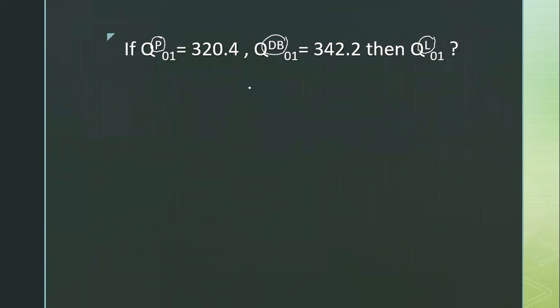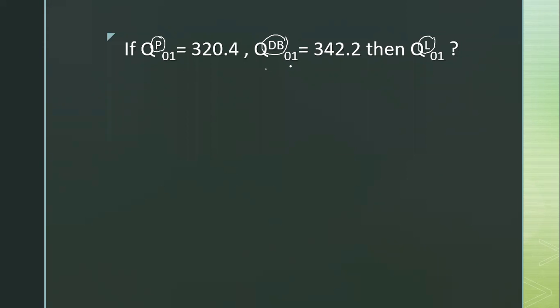Here they have given us the quantity of the base and current years under Paasche. They have given us Drobisch and Bowley, and they have asked us to calculate Laspeyres. Which formula will you apply here?